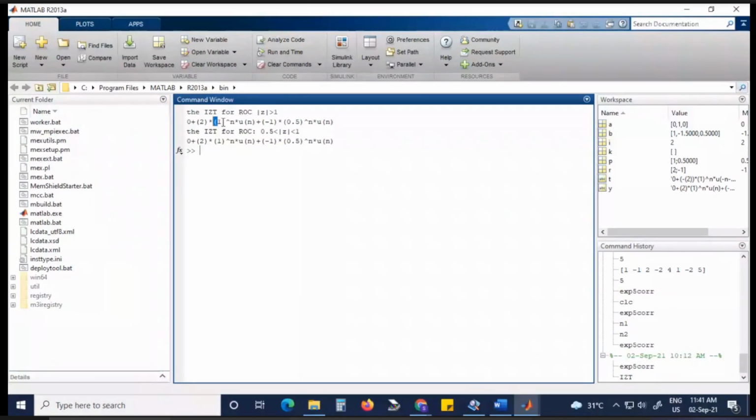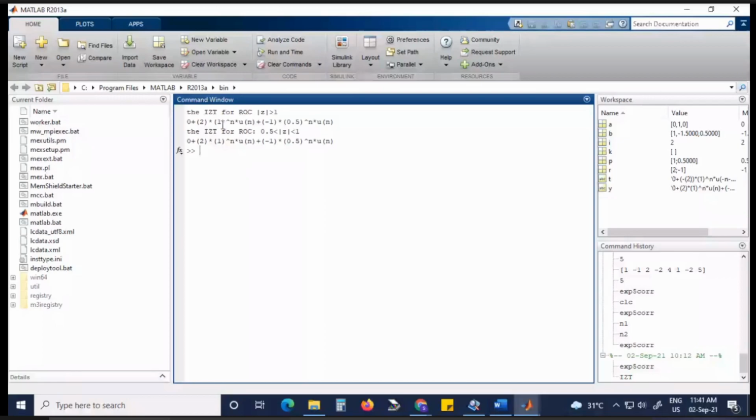R1, ये जो तुम्हारा पोल है, वो पोल 1 है, और R है 2. सो इसमें अल्फा टू द पावर n u n, अल्फा हो गया 1, और 2 हो गया उसका कोफिशिएंट, ये 1 आ रहा है पोल से P1 P2.